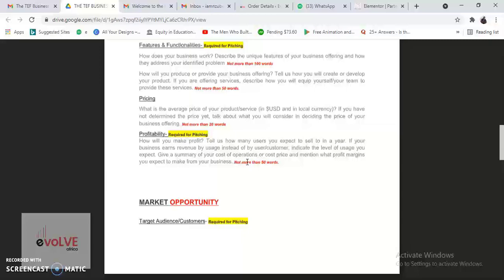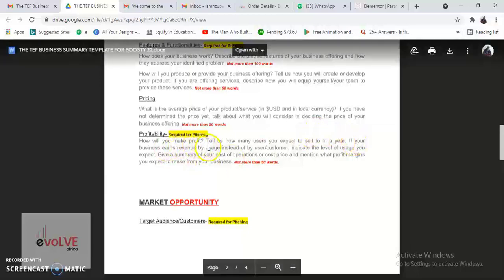So it's like a projection. If you're going to sell to 1,000 customers in a year, tell us here in this section, and if you can go into detail, do so.